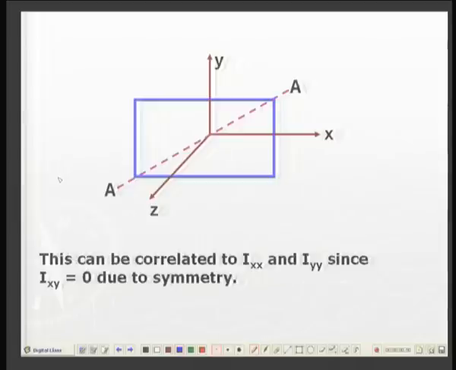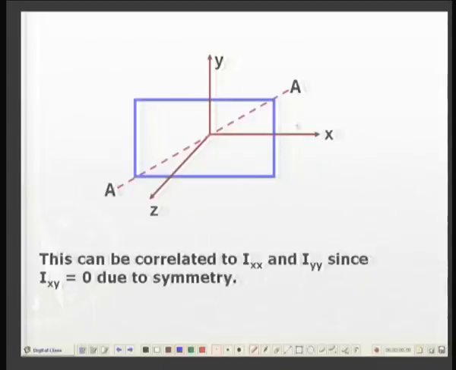This may not be easily available in your handbooks or in your tables. So what you have to do is take the value of the moment of inertia about the axes parallel to the sides, that is x axis and y axis, and of course z axis is perpendicular to the plane of the plate. And then I want to transform these values to a new coordinate system. At least one axis of the new coordinate system is along AA, the other can be perpendicular to this.